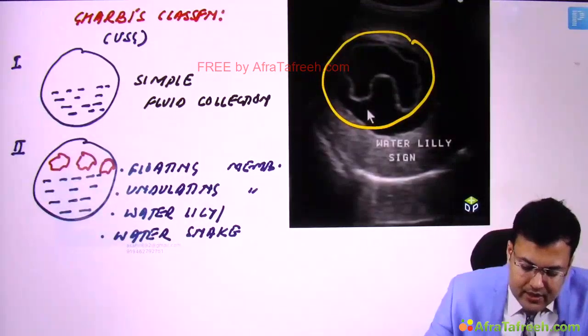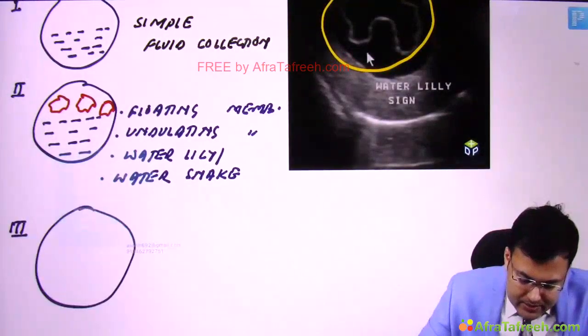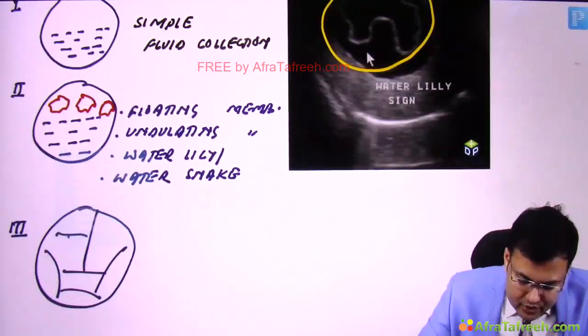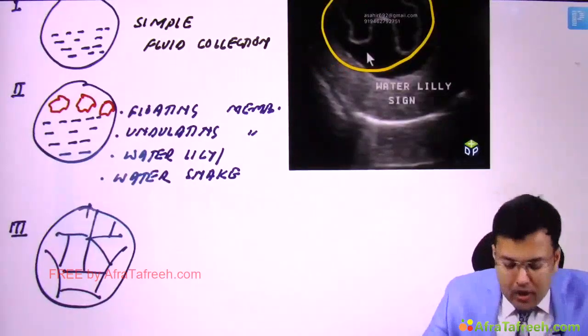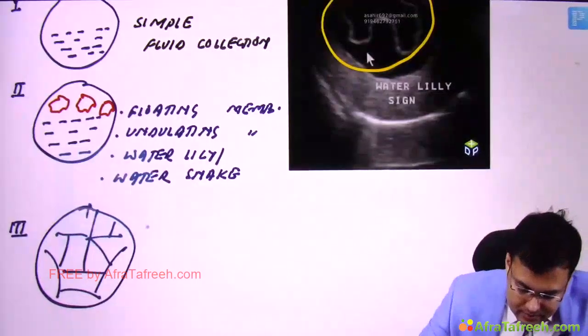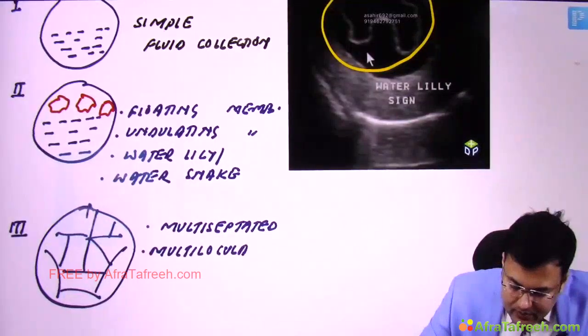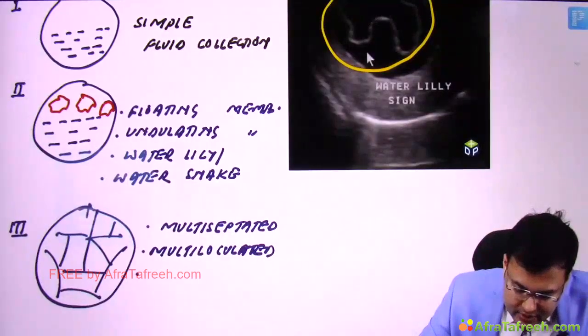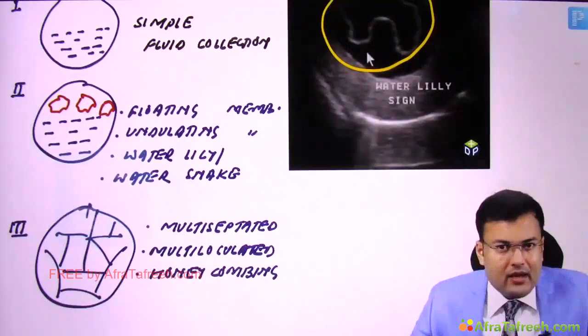What happens in type 3? In type 3, the cyst becomes multiseptated or multiloculated. If this cyst becomes multiseptated or multiloculated, it is also known as honeycombing. See, there is another question which is asked.